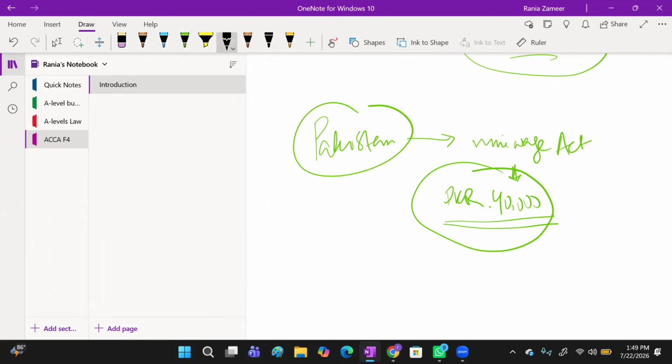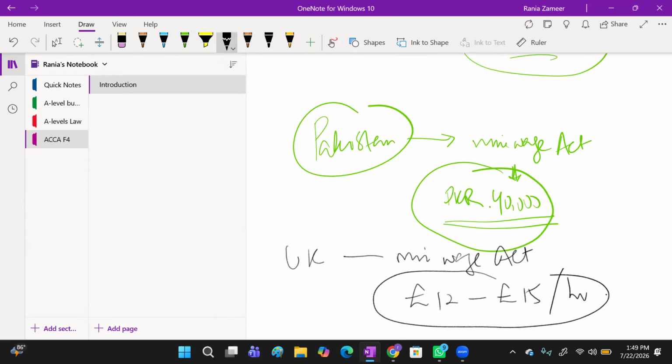Similarly, in the UK, the minimum wage act states, I think right now it's 12 to 15 pounds per hour, right? So this is only going to be applicable in the UK, not in the US, not in Australia. So the jurisdiction of this law is just the UK.